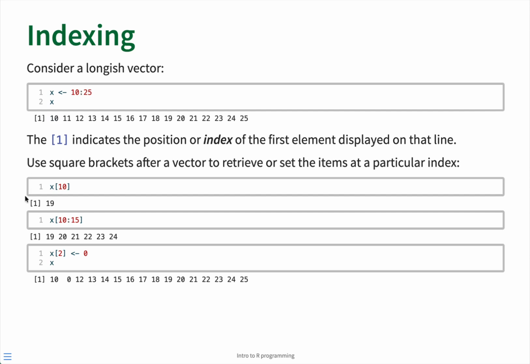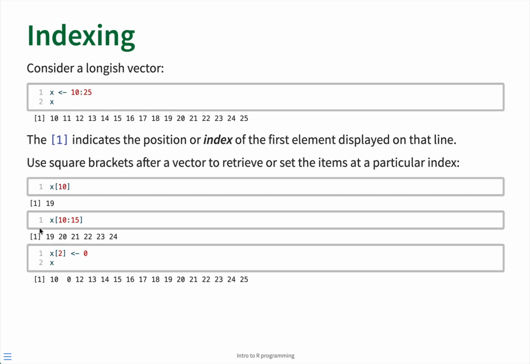So it's saying that this number 10 is the first thing in this vector x. If we want to get a particular element from a vector, we can put square brackets immediately after the name of the variable that holds the vector, and then put the number of the item. So this will get us the 10th item from x, which, if you were to count through the items of x in this first code example, you would find that 19 is the 10th item.